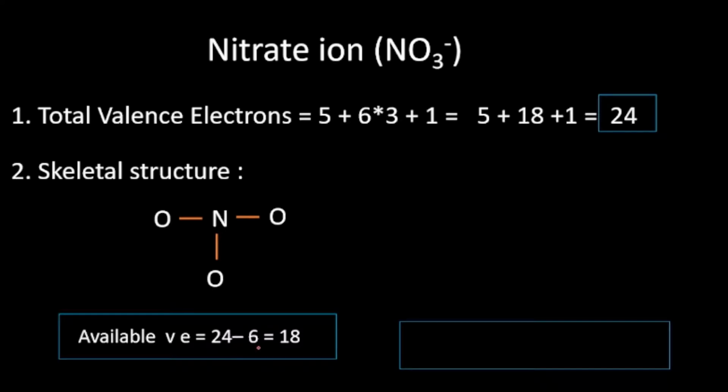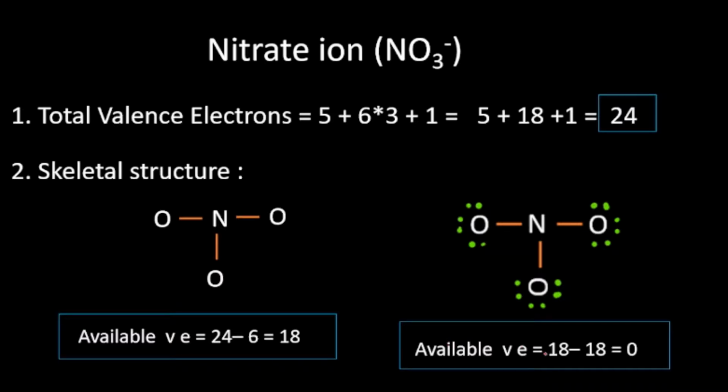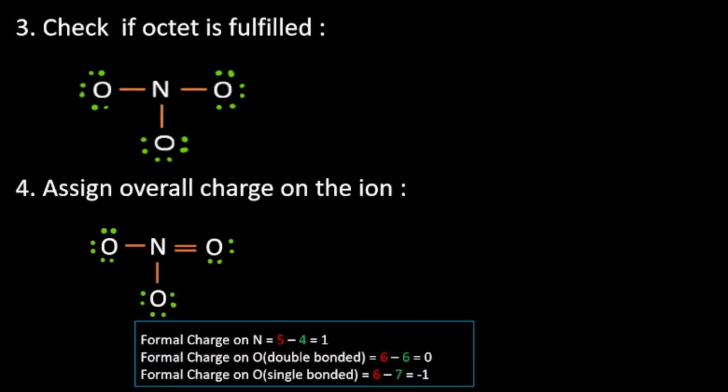So the available valence electrons now is 18. And these 18 electrons can be used to complete the octet on the more electronegative atom oxygen. 6 are used here, 6 are used for this oxygen, and 6 more are used by this oxygen atom. Now the available valence electrons will be 18 minus 18, that is equal to 0.